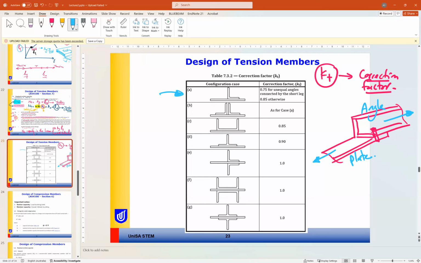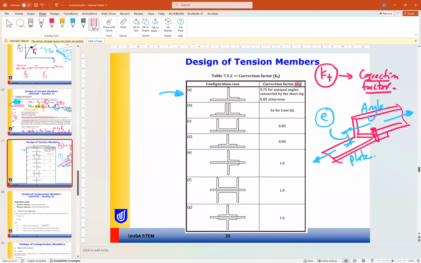If we are connecting two members together under tension, and they don't have the same shape, we will have some eccentricity between the two loads. This eccentricity will affect the capacity of the member. That's why we need to have the factor Kt.